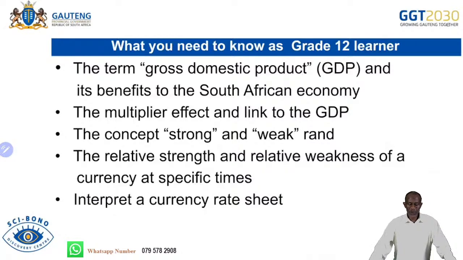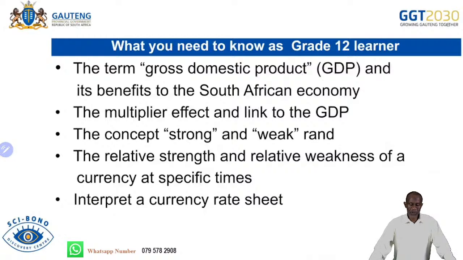What do you need to know as a grade 12 learner? You should be able, by the end of the lesson, to have a better understanding of the following. The term gross domestic product, its acronym is GDP, and its benefit to the South African economy.